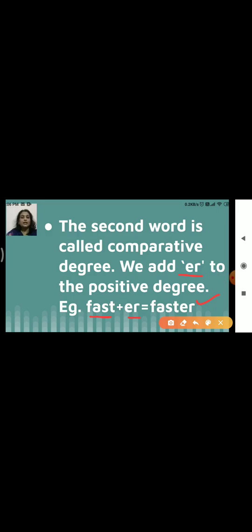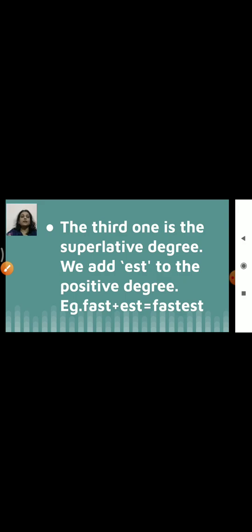Here we compare two things. When we have to put the comparative degree, we compare two things with each other. So it is comparative degree. Then comes the third one, the superlative degree. The third one, the last one, is called superlative degree.